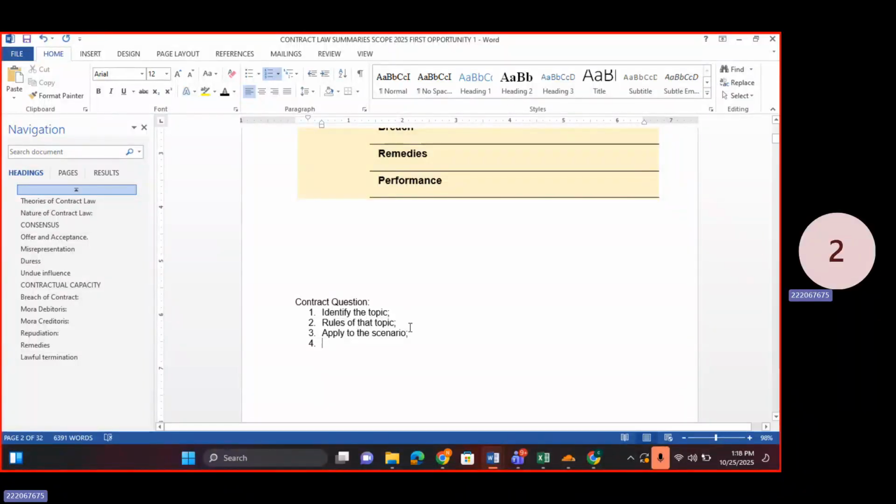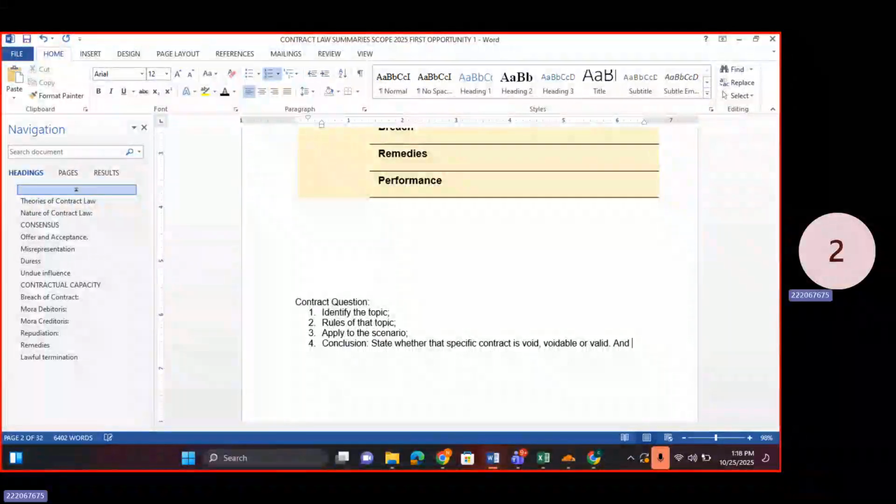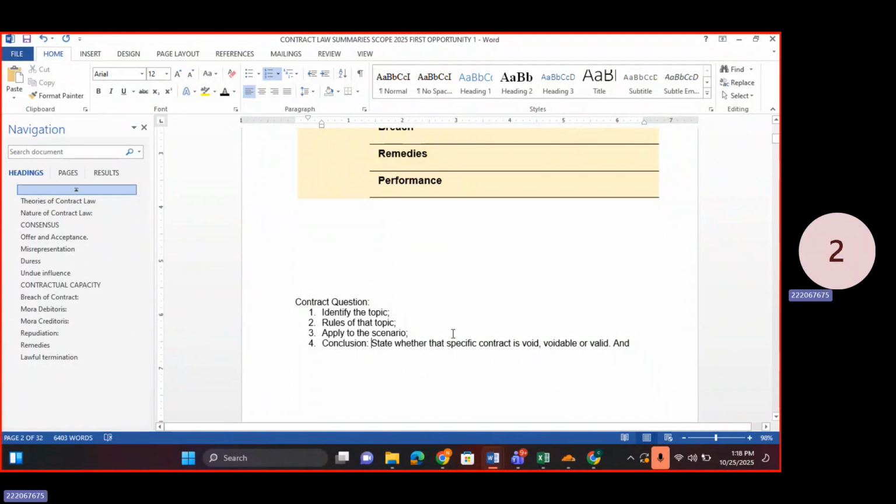And this is the final part, your conclusion. By conclusion, you have to state whether that specific contract is void, voidable, or valid, and no, in actual fact, let's do this.